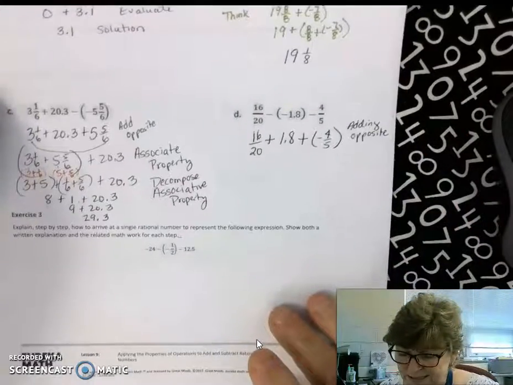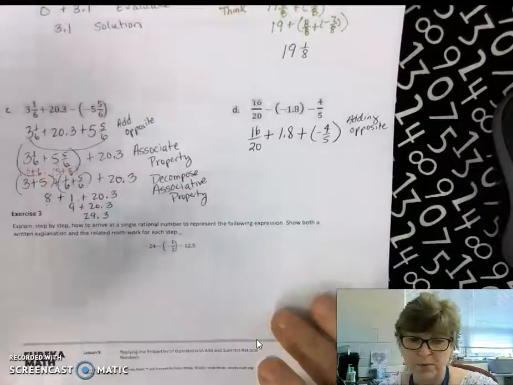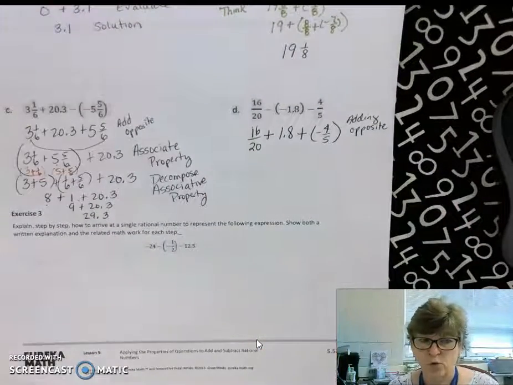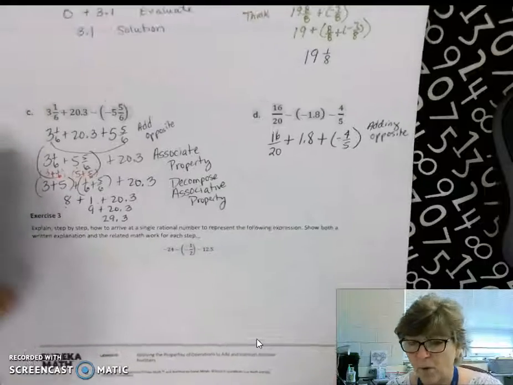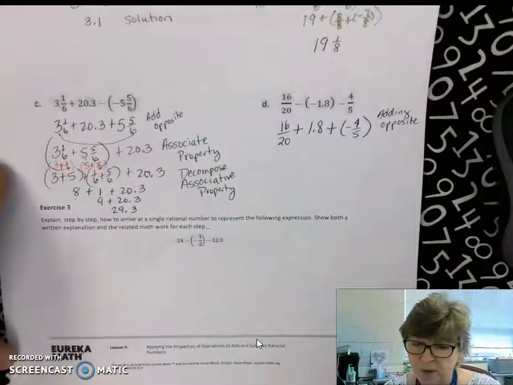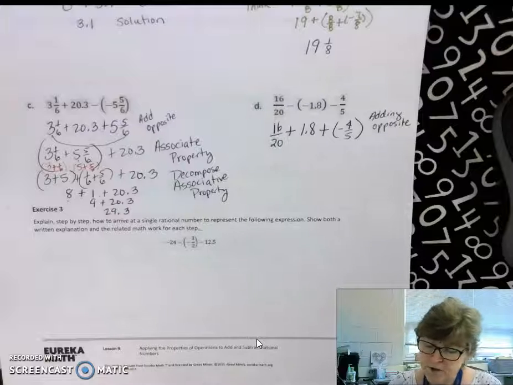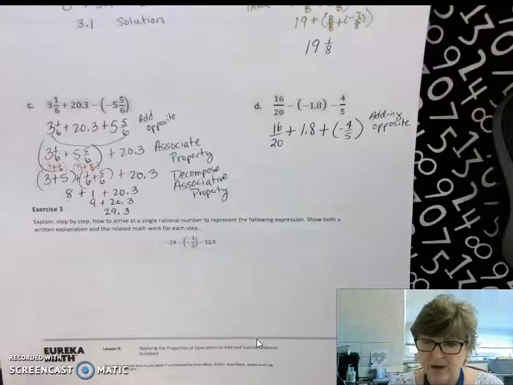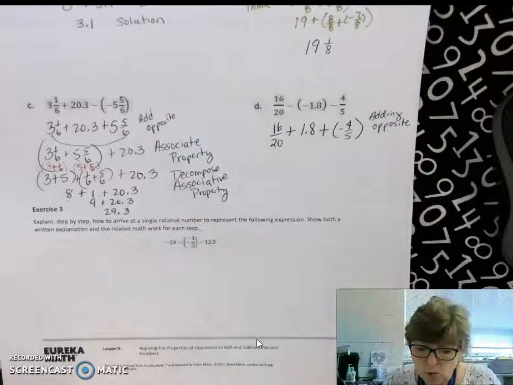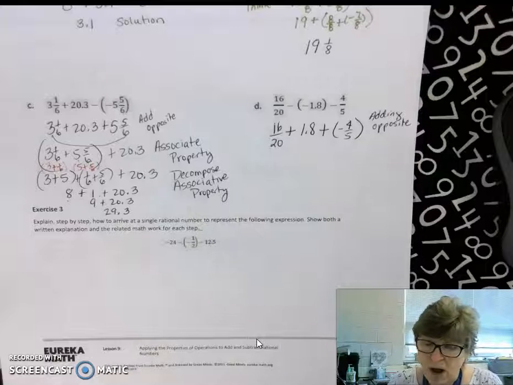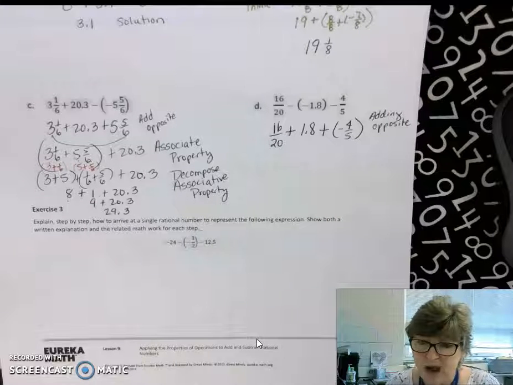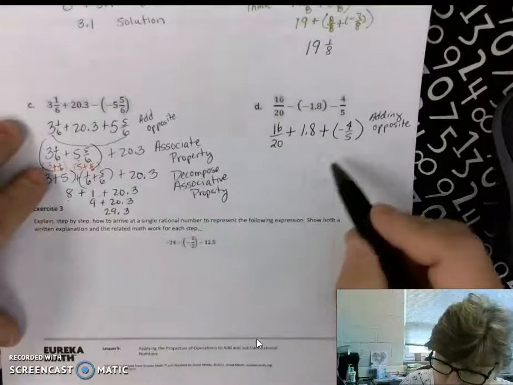All right. Step 2, looking at this problem, are there two numbers that you think work well together? And I'll tell you there are multiple ways to solve some of these problems. I'm going to stick with one right at this moment. The first thing that I'm recognizing is that I have a positive and a negative with fractions. So I'm personally going to group those fractions together using the associative property.